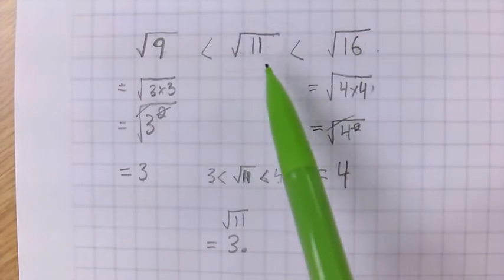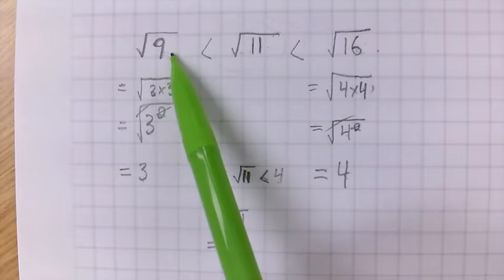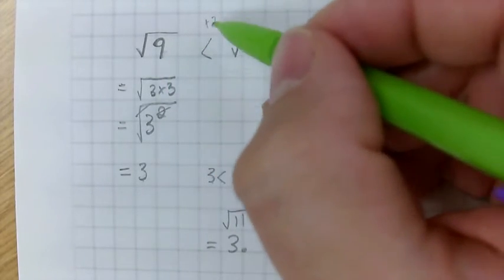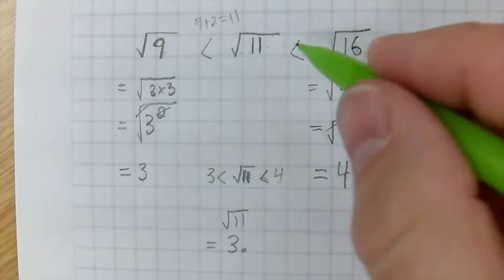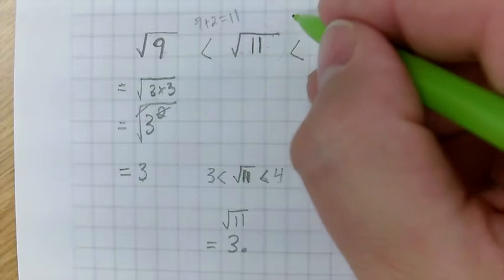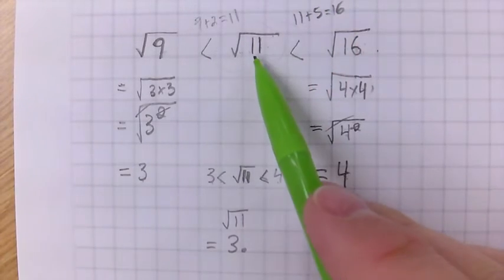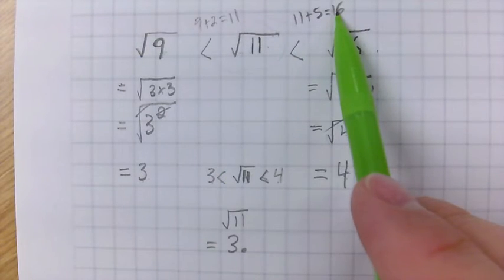And looking at this, how close is 11 to 9? It's just 2 more, right? You can add 2 to 9 to get 11. And from 11 to 16, it's 11 plus 5 to get to 16. Which is 11 closer to? Is it closer to 9 or is it closer to 16?